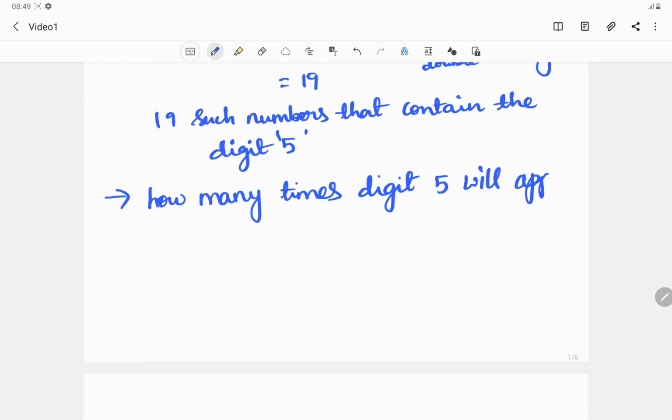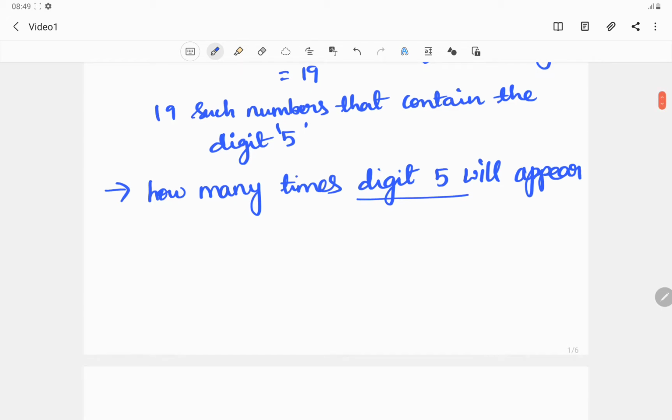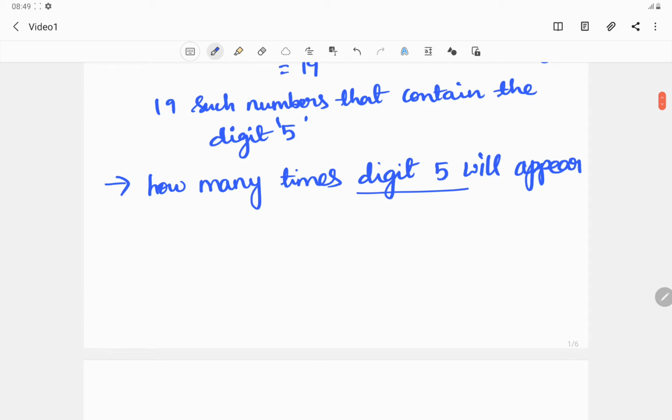In order to solve this part, the basic understanding you need is that whenever you write a number that contains 5, digit 5 will appear.